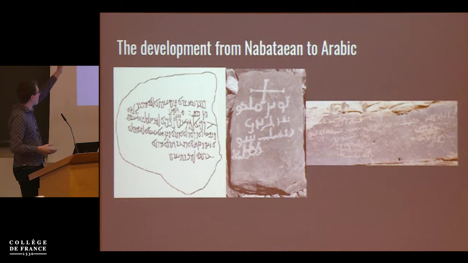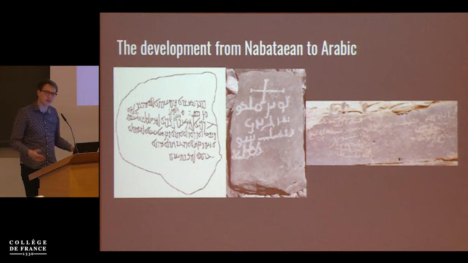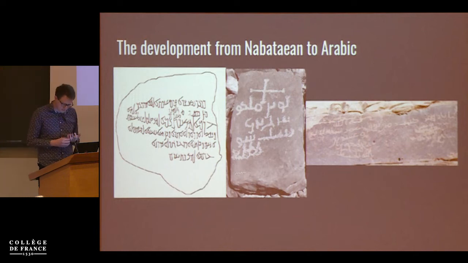So we have something that is fairly classical Aramaic and turning into something slightly more recognizable as Arabic, still somewhat different until we arrive in the Islamic period, and even slightly before that, that the script really has taken on its clear Arabic form.